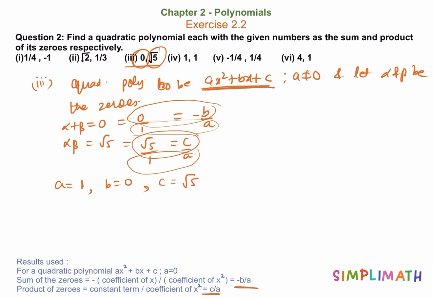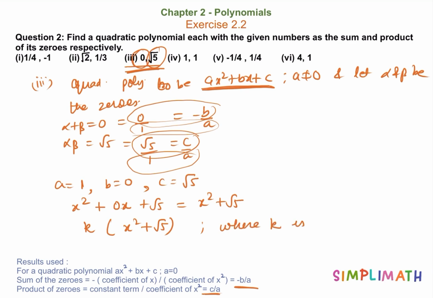So if we put these values over here, we can say that x square plus 0 into x plus root 5, equals x square plus root 5, is the quadratic polynomial which fits the given condition that the sum and the product of the roots is 0 and root 5. Any other quadratic polynomial that would fit the given condition would be of the form k into x square plus root 5, where k is real.